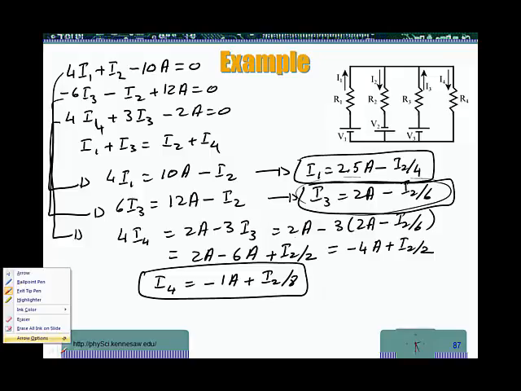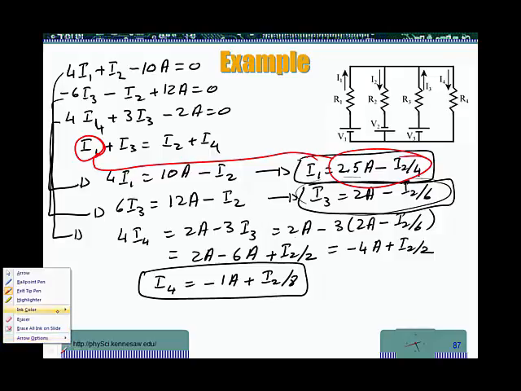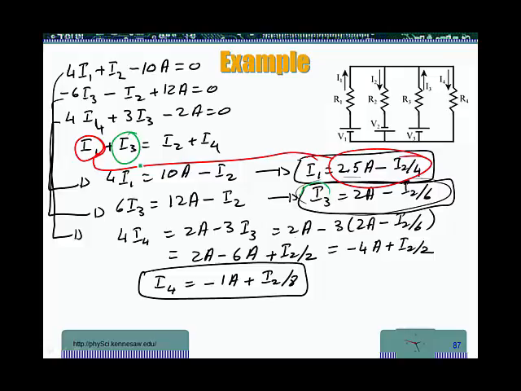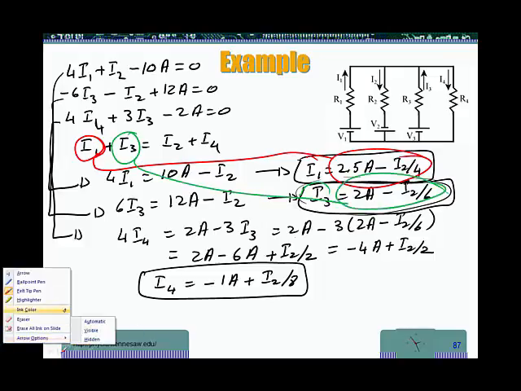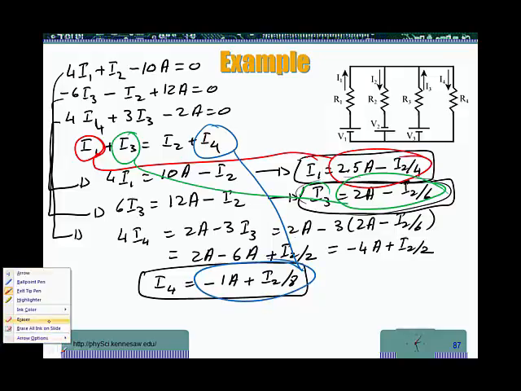So what I'm going to do is take I1 and replace it here. Take I3 and replace it with this. And then take I4 and replace it with this. So if I'm going to quickly write it here, actually let me stick to these colors.